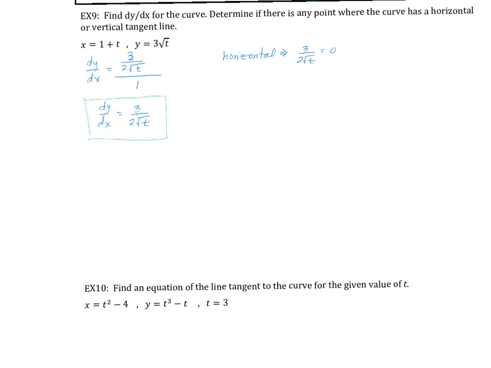So if I set my derivative equal to 0 and I solve this equation, I get 3 equal to 0, which is not true. Since there's no solution, there is no horizontal tangent line.